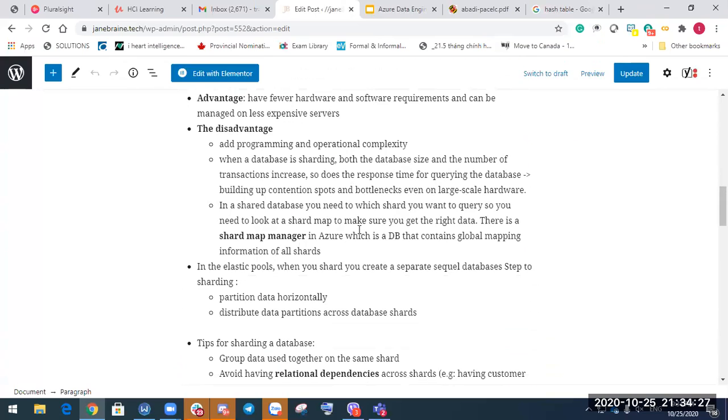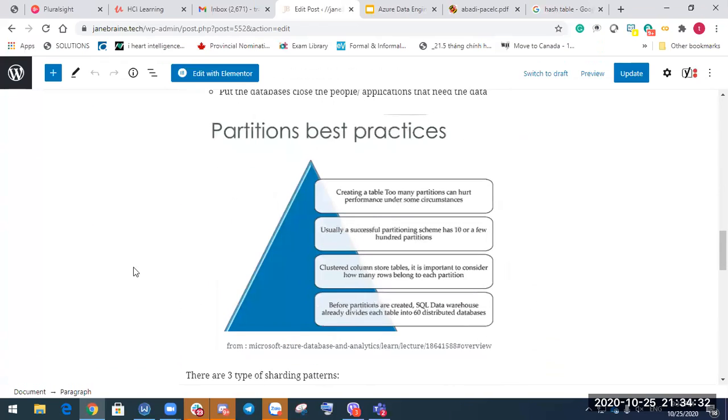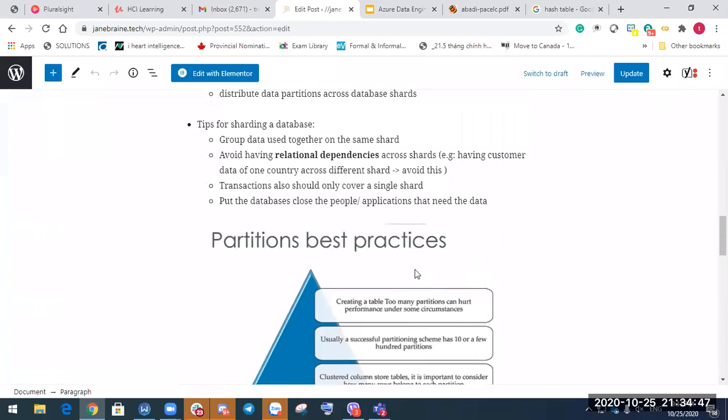So here are the advantages and disadvantages, but I want to go to the best practices in here. We should normally have mentioned these four best practices. Remember, I said create table. Oh, I think it was in partition.